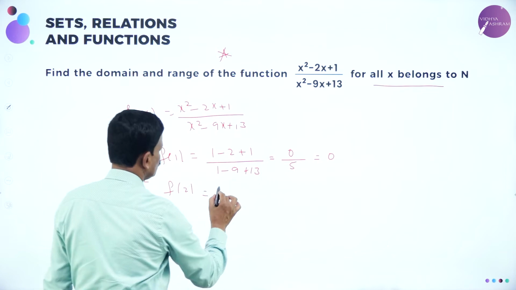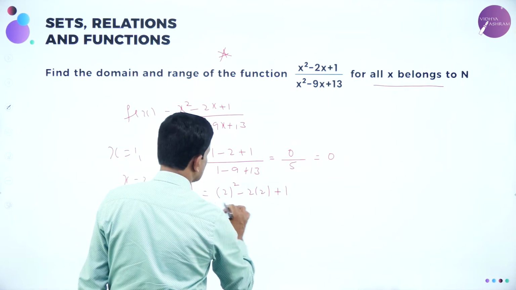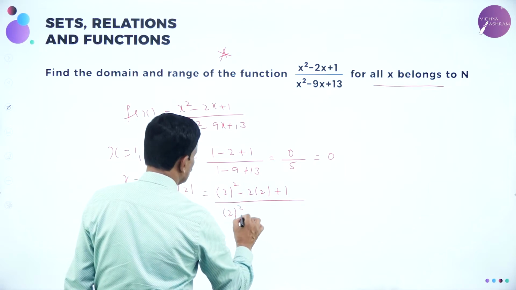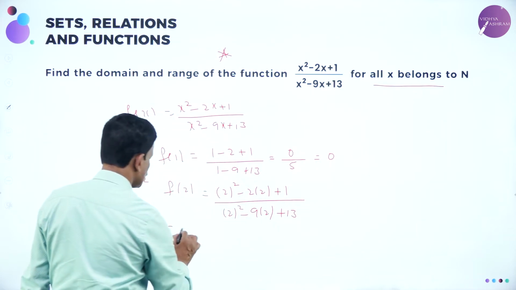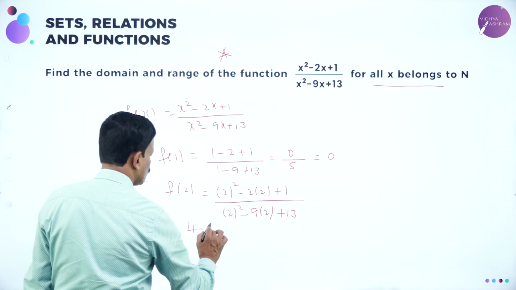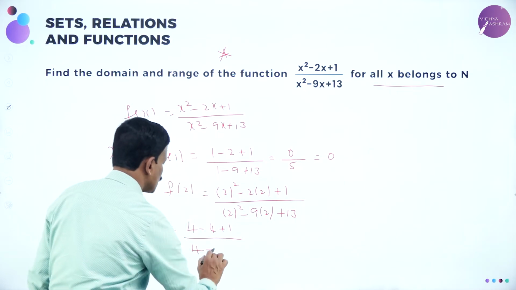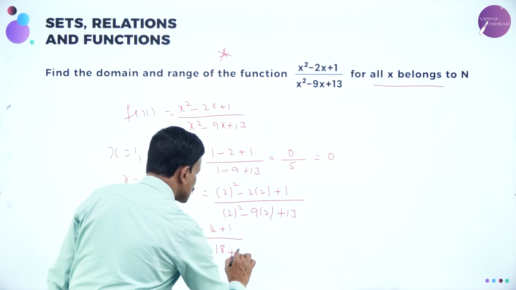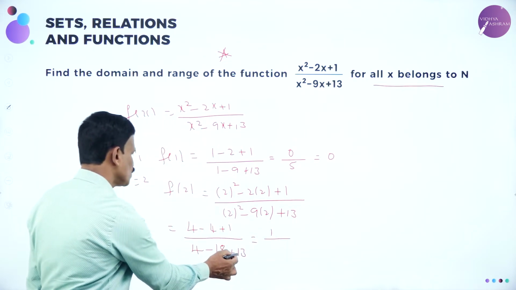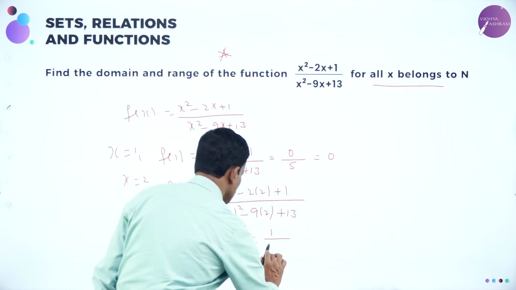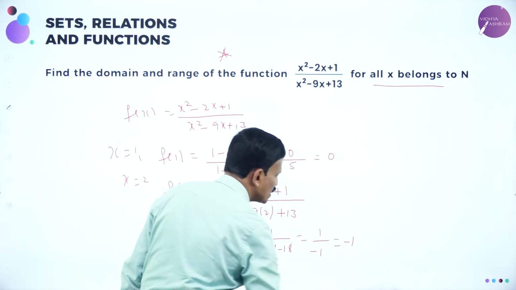Put x is equal to 2 here, 2 square minus 2 into 2 plus 1 divided by, in the denominator, 2 square minus 9 into 2 plus 13. What is this equal to? 2 square is 4 minus 2 into 2 is 4, plus 1, divided by 2 square is 4 minus 9 2s are 18 plus 13. So, minus 4 plus 4 gets cancelled, 1 divided by 13 plus 4 is 17, 17 minus 18, this is 1 by minus 1, which is minus 1.